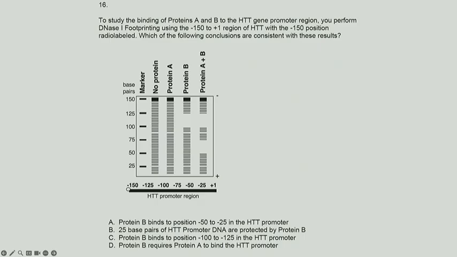I'm seeing one nod, and I'm going to take the nod because, yes, if the protein binds right here, you are protecting the longer fragments. You are protecting the fragments that are going to be 100 base pairs going all the way to 125 base pairs, right? You have to do your subtraction from the minus 150. You are protecting making fragments in this region.